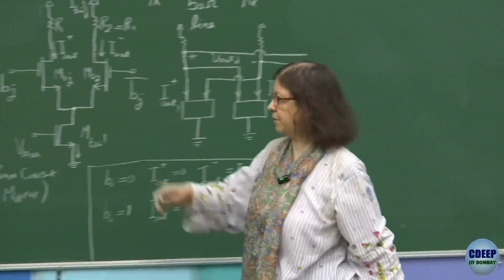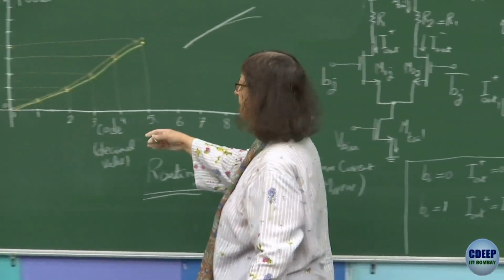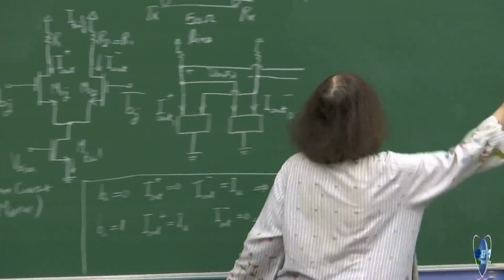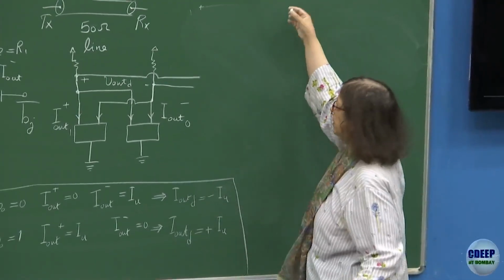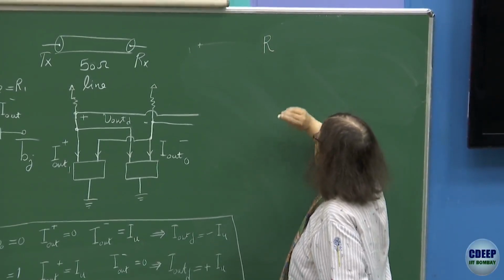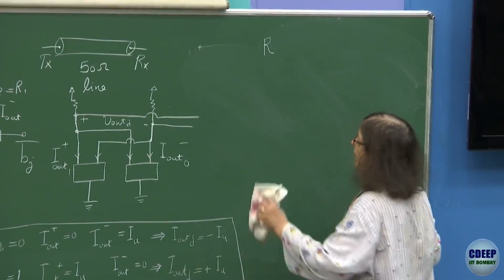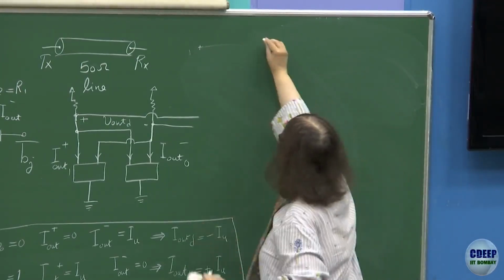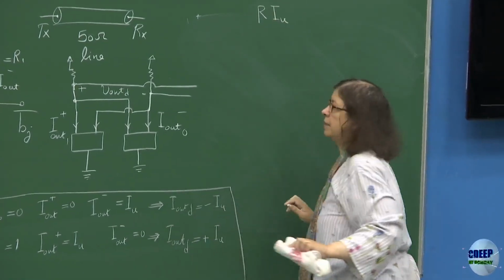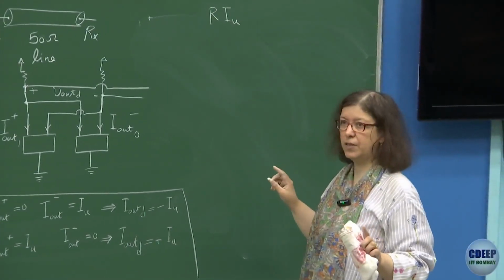For a low number of bits, 3 bits, 4 bits, it is manageable. As we increase the number of bits, we want to have enough swing. Therefore, the value of IU matters. This is the unit, eventually the LSB size.